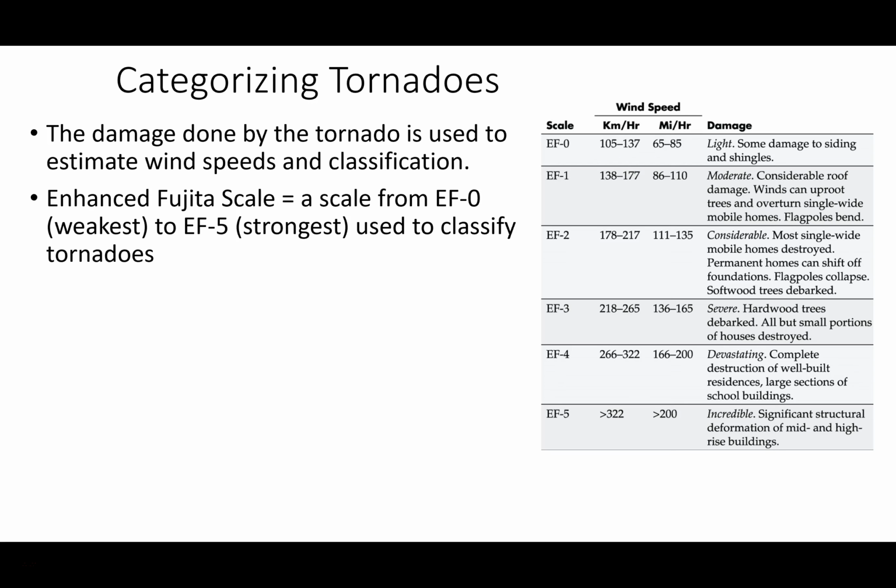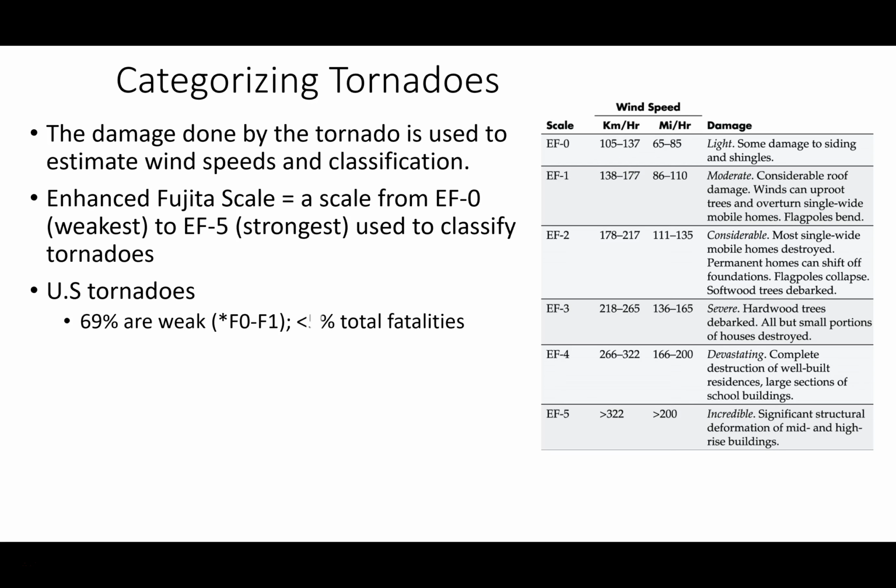It goes from 0 to 5, not just 1 to 5. You can see the columns for how fast the wind was moving, in both kilometers per hour and miles per hour. And this last column, the damage, is what they look at to backtrack to how fast it was, to assign it an EF number.